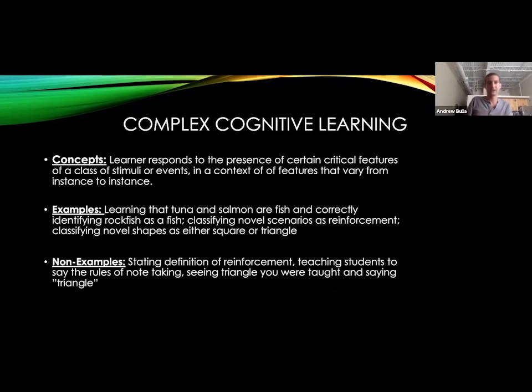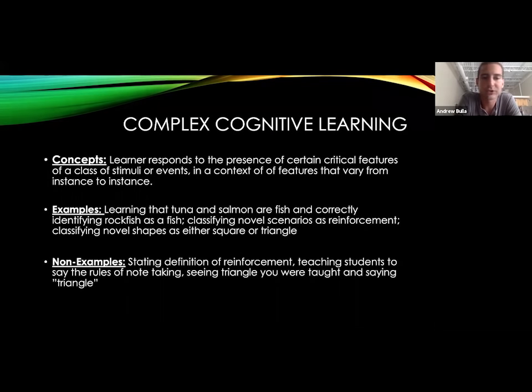So concepts. Concepts are when the learner responds to the presence of certain critical features within a class of stimuli or events in a context of features that vary from instance to instance. So that means I can correctly identify novel stimuli as an instance of the concept because there are these critical features present, regardless of all the variable features that don't make something a concept.